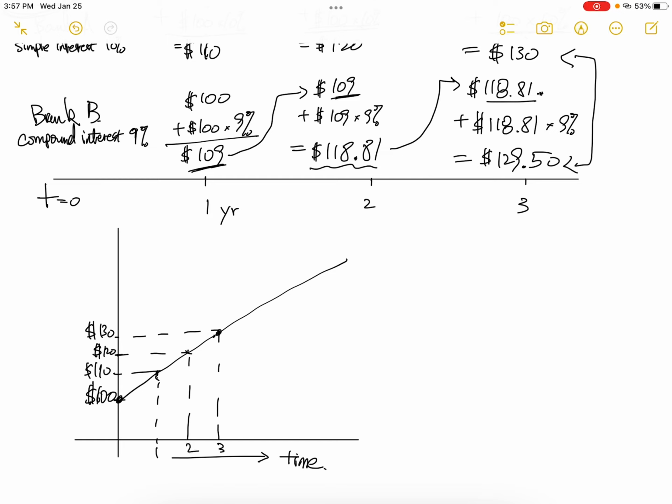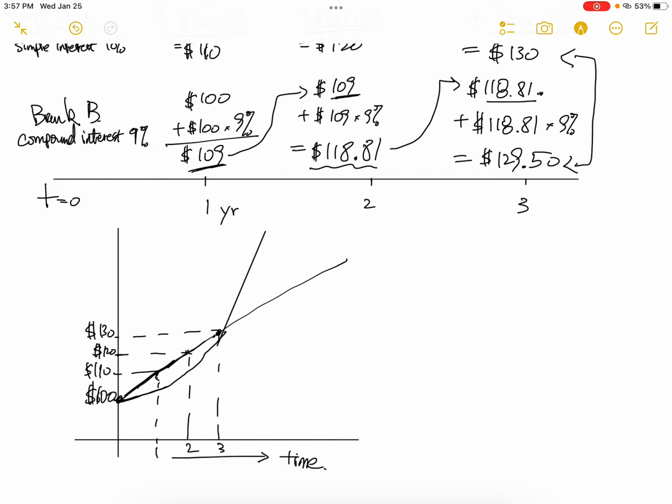So for compound interest at a lower interest rate, it's going to grow slower at first because the interest earned is less than the interest earned on the straight line, simple interest. So the compound interest goes like that, but it starts to accumulate, accelerate, and then right around here, it's going to cross over.